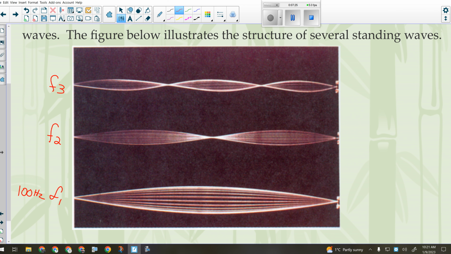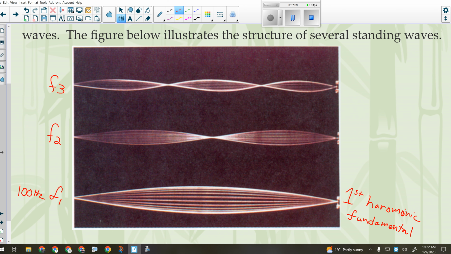So this one here we call the first harmonic, or the fundamental. First harmonic frequency or the fundamental frequency.